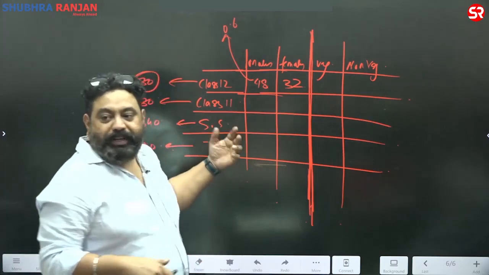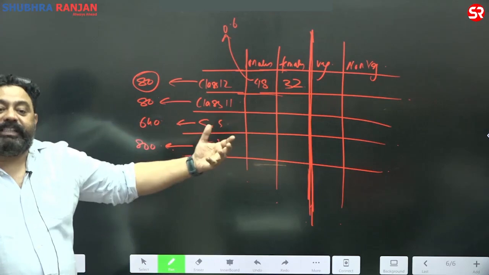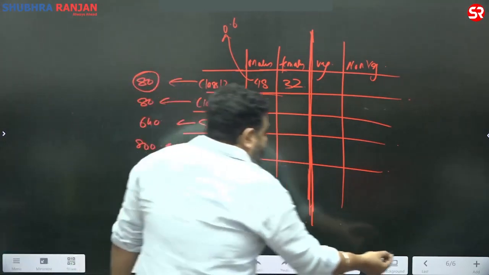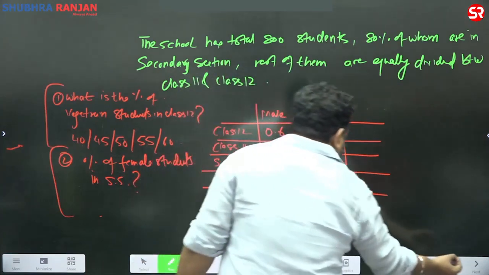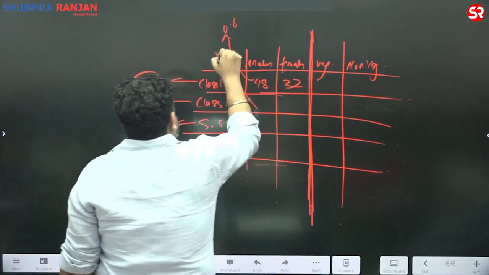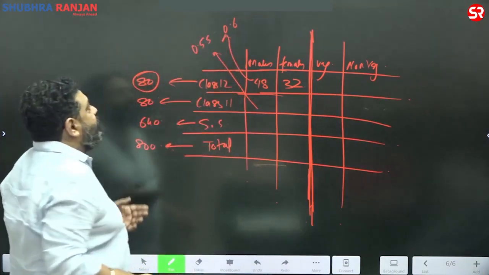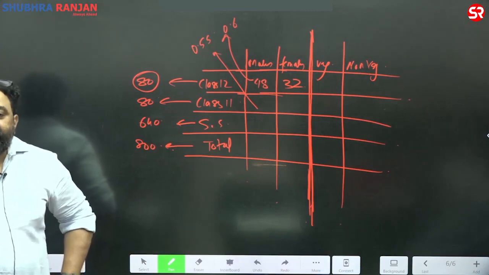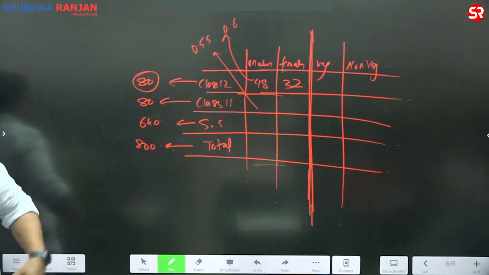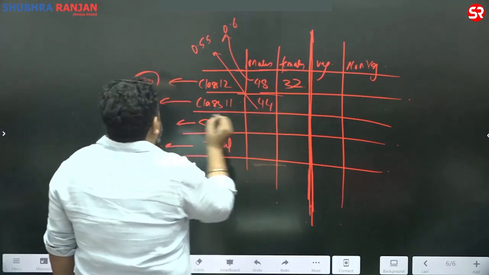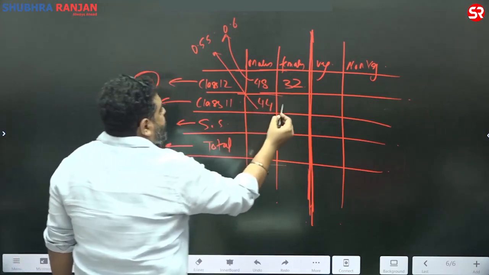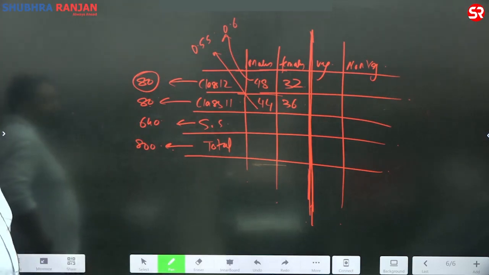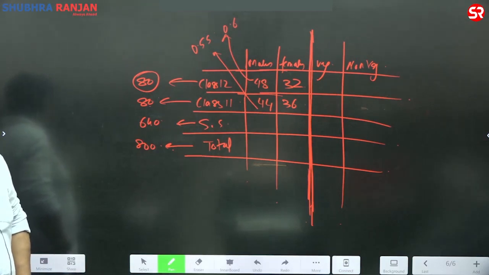Got it? 0.6 proportion, of the total, and the total was 80. So 0.6 of that is 48. Similarly, going back, class 11 is 0.55. 0.55 is 55% of 80. 50% is 40, and then 5% would be 4, so 44. This is 44. So how much is this? 80 minus 44, which comes out to be 36. See?